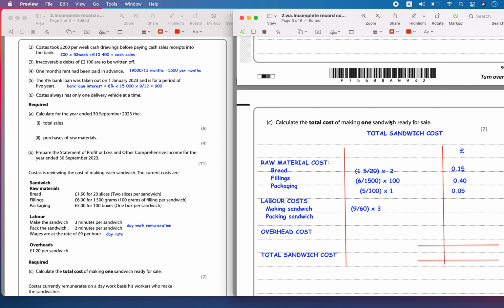The cost will be 9 divided by 60 times 3, which is equal to 0.45 per sandwich. This is the day rate.